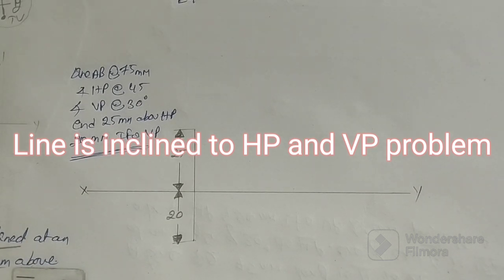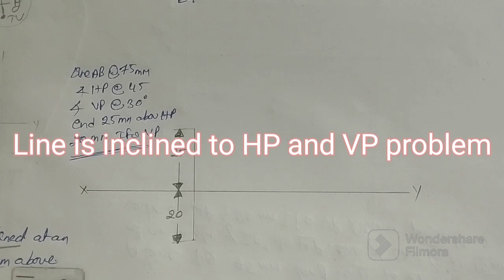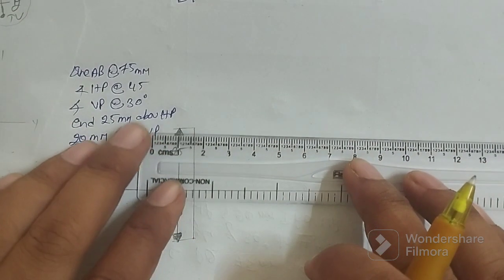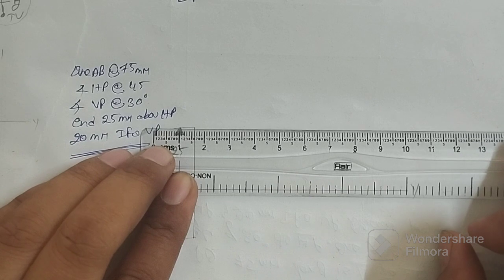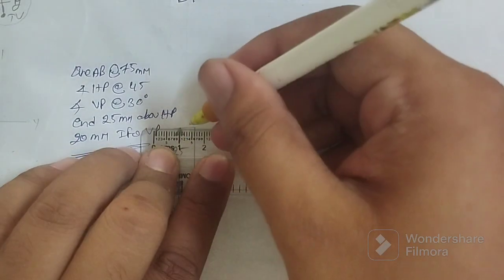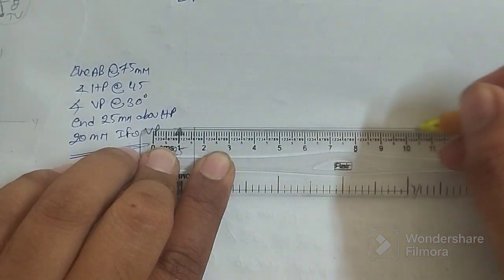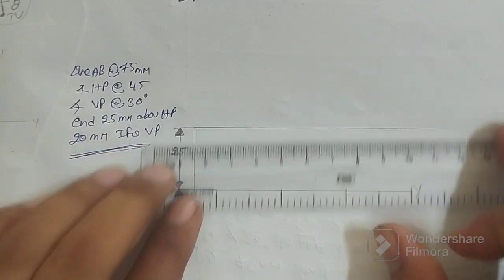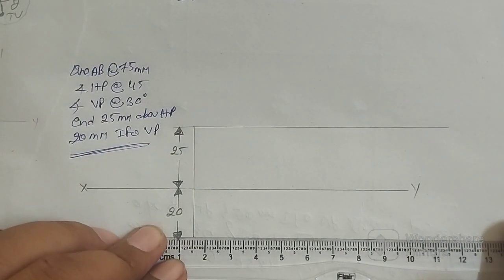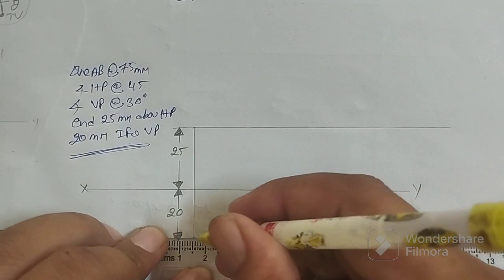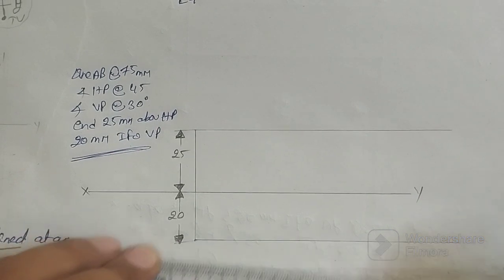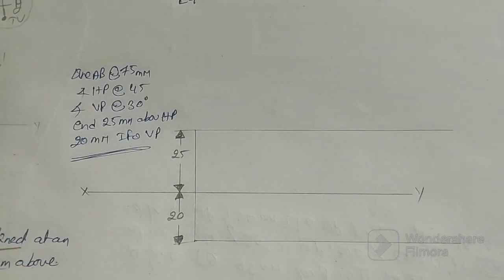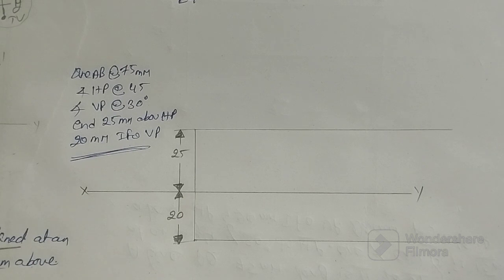Next, what they told: the line is 75 mm long. Since it is inclined to both the HP and VP, as I have clearly explained, in the ninth case we have two parts, A and B. First you should consider that the line is inclined to HP and parallel to VP, and second, the line is inclined to VP and parallel to HP.